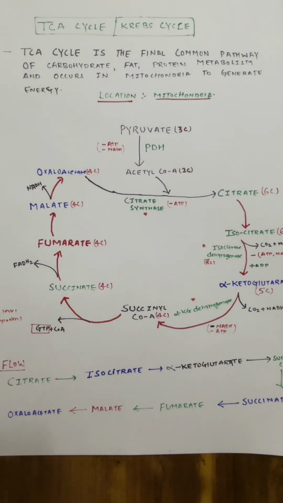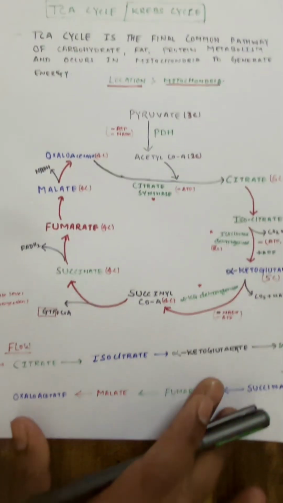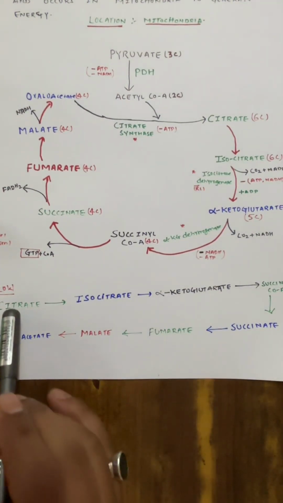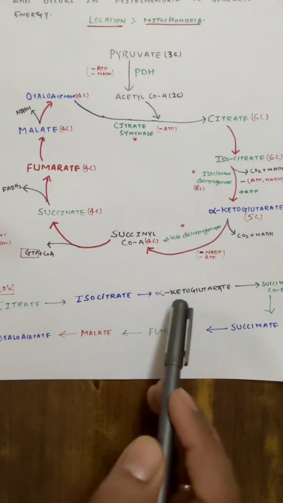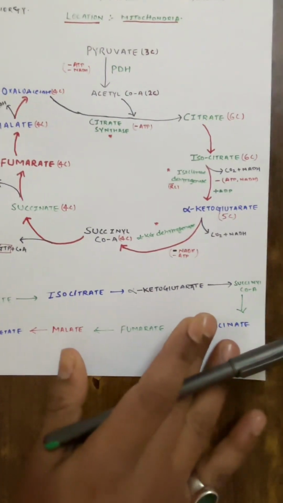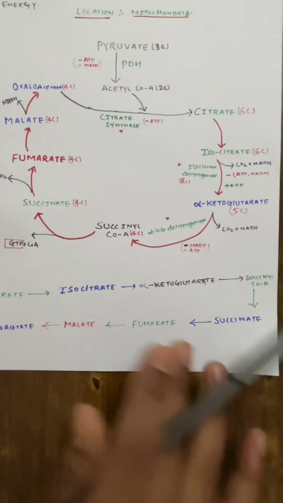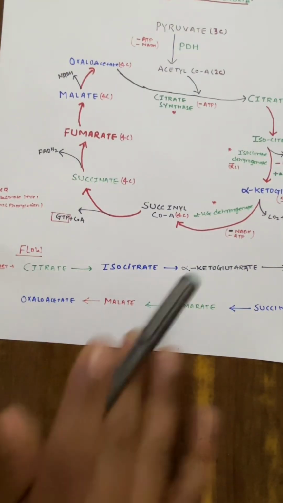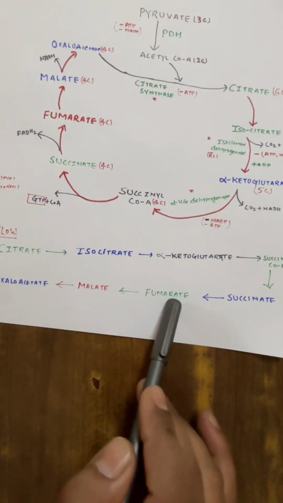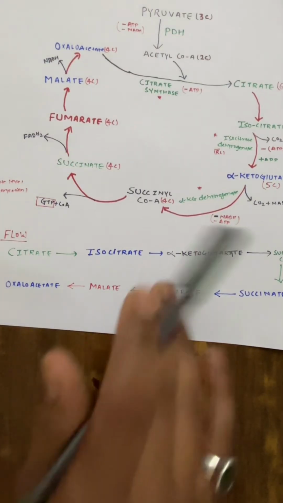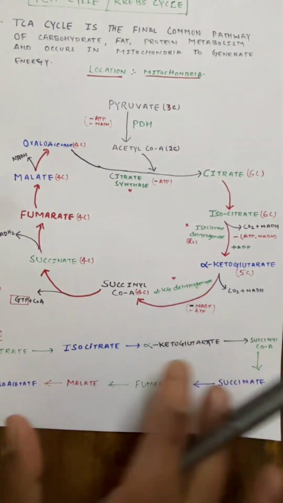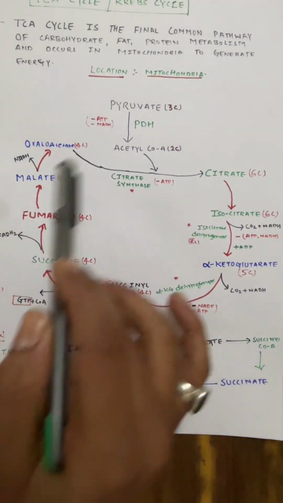Now if you see how the flow is going, the citrate is converted to isocitrate, then to alpha ketoglutarate, then to succinyl coenzyme A, then to succinate, then fumarate, then malate and oxaloacetate. Now we'll talk about all these steps one by one.